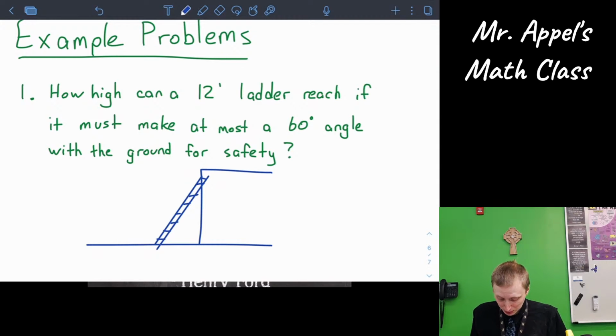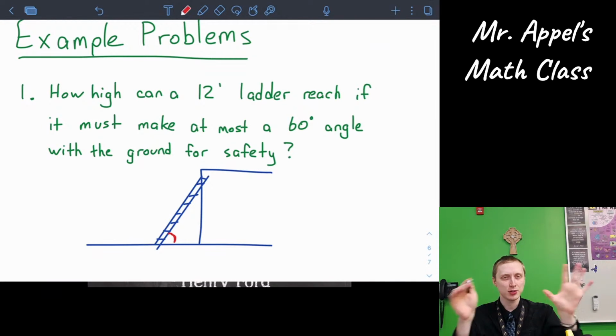It must make at most a 60-degree angle with the ground. So the angle with the ground would be down here. Okay, we don't want that to go all the way to 90 and have it perpendicular straight up and down. It's unstable there. So the best we can do, let's say it says at most 60. So the question is, do we make it the maximum possible of 60?